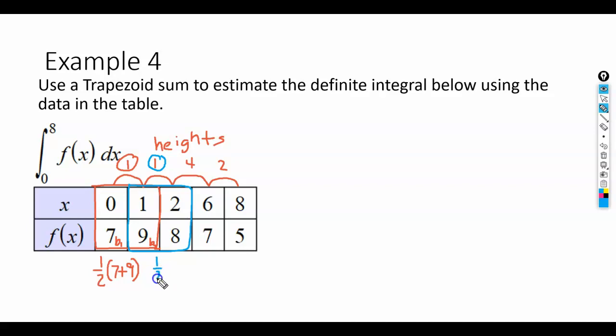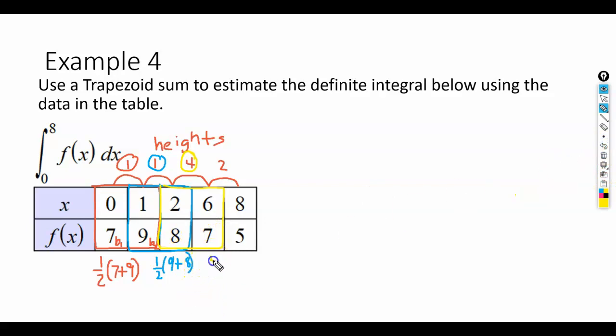So height is 1 multiplied by the sum of the bases. Next one, we're going from x equals 2 to x equals 6. And that height is 4. And the bases for that one are 8 and 7.